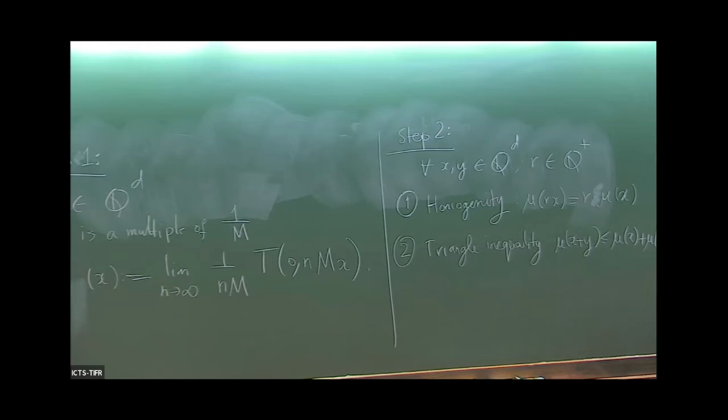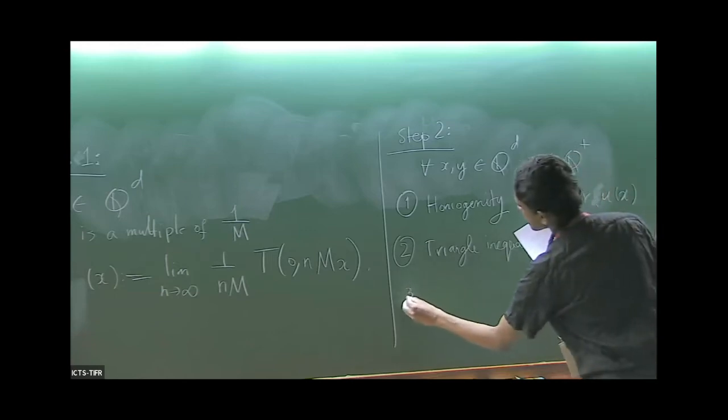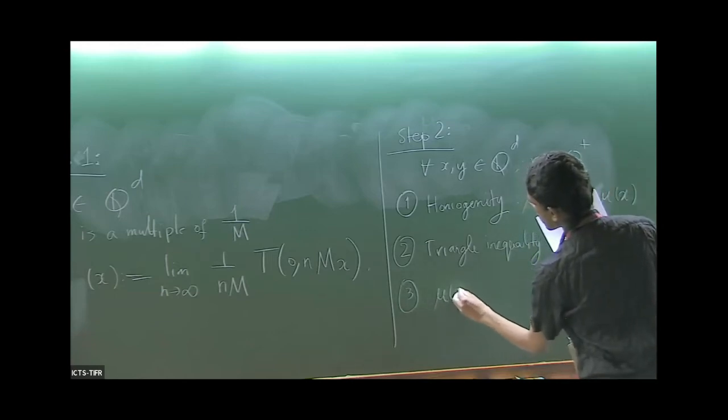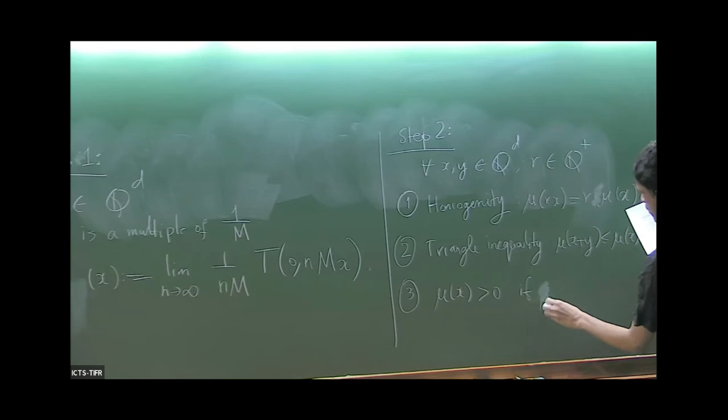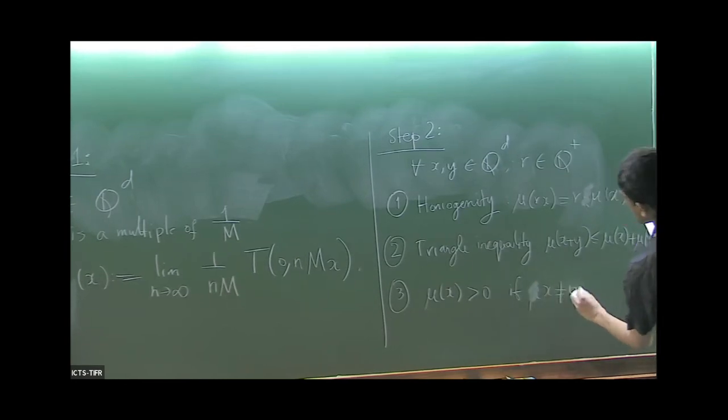And then positivity, this is something that actually requires a proof. This is where the hypothesis F(0) is less than p_c will be used. As I said, if F(0) is less than p_c, then mu of e1 is positive.